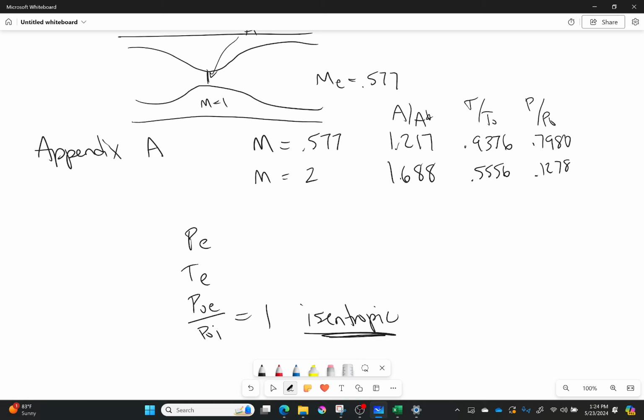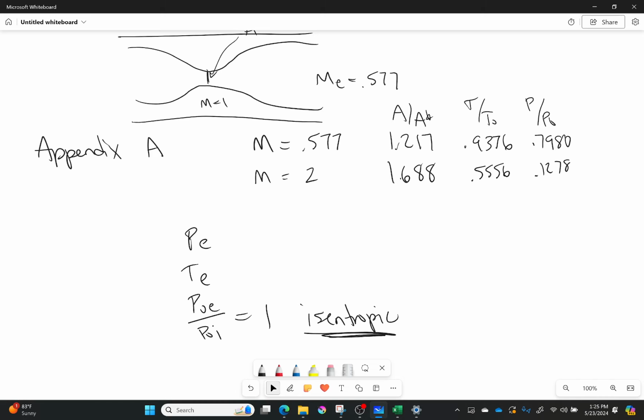And since it's isentropic, remember we were doing that P naught 2 over P naught 1 is equal to some exponential, and there was a negative of delta S over R in that. We remember that from a little while ago. And so in this case, that right there is 0, which means that that ratio is 1. Okay, so that was the easy one.